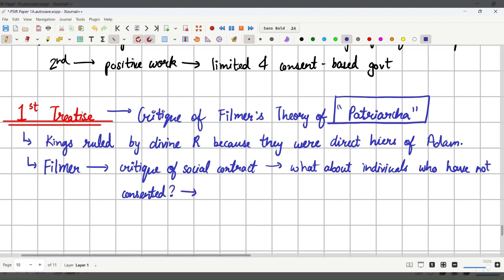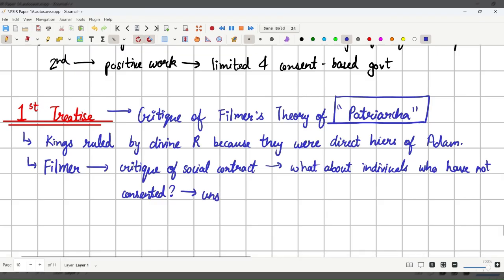So basically, he thinks that it is an unstable theory.